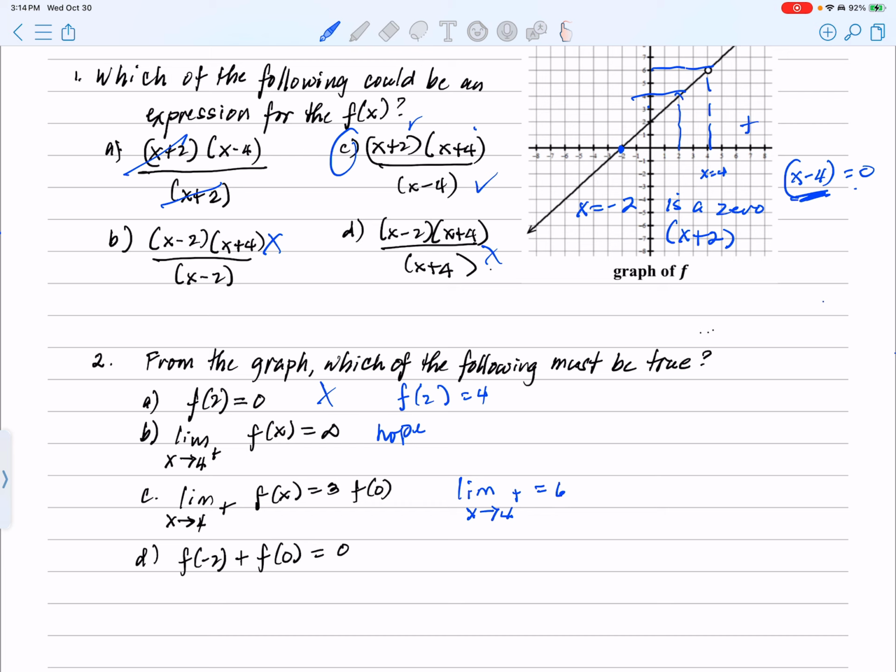And 3 times the function of 0. Where is f of 0? It is equal to 2. Right? So 3 times f of 0, that would be 3 times 2, which is equal to 6. So both have the function value of 6.